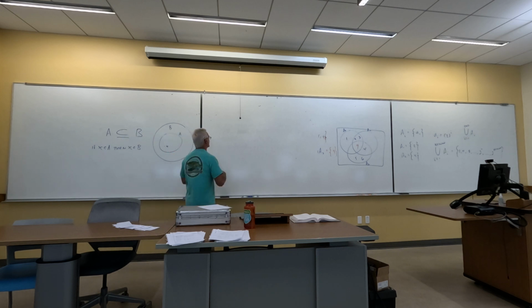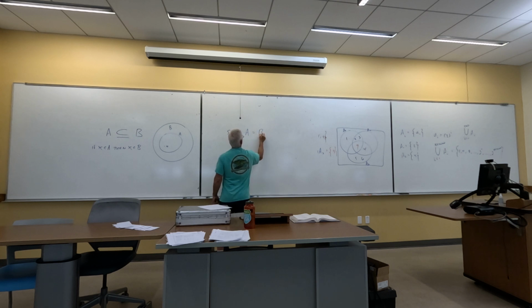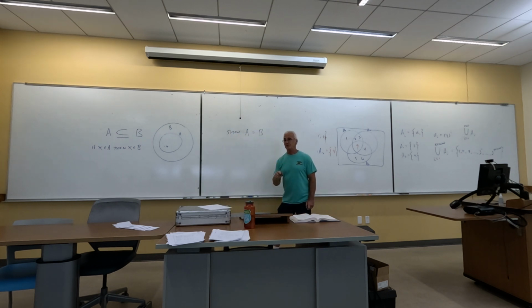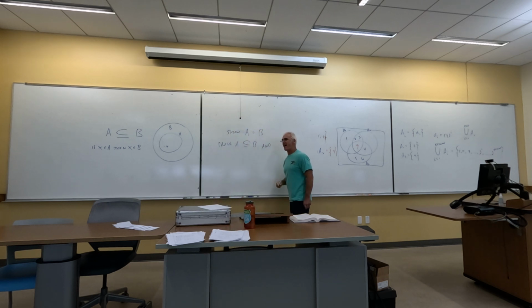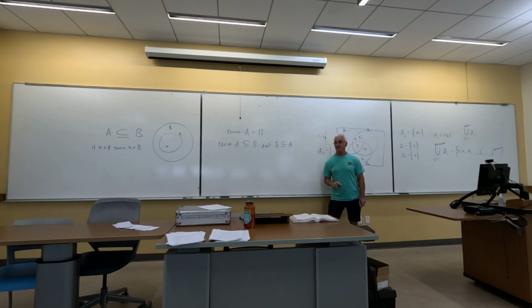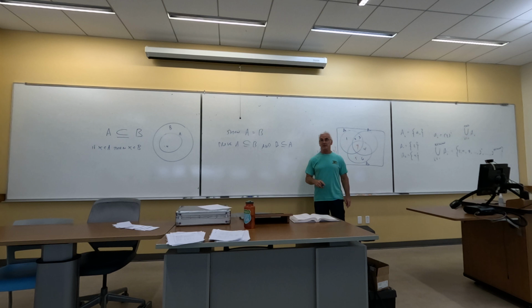So if I wanted to show that set A equaled set B, here's how I show it. We prove A is contained in B, and what do you suppose? B is contained in A. I show containment in both directions. That's the only way two sets can be equal.